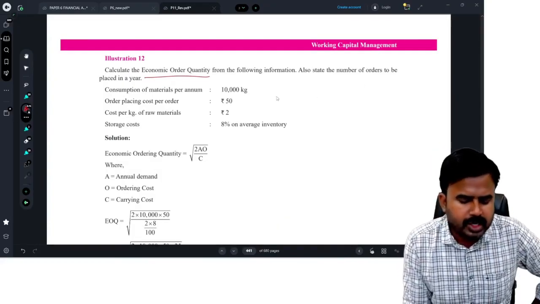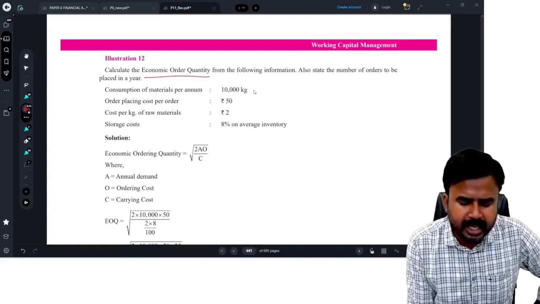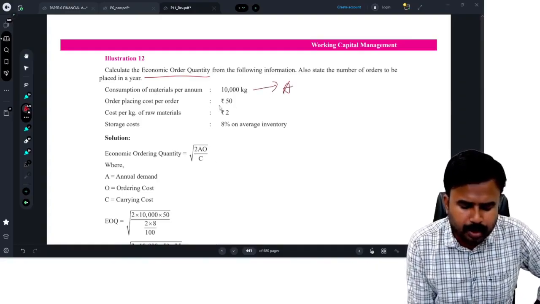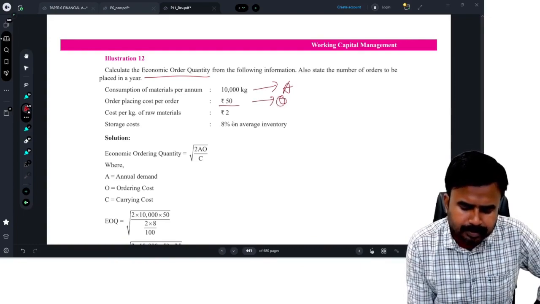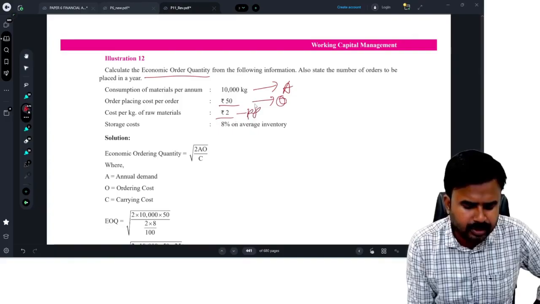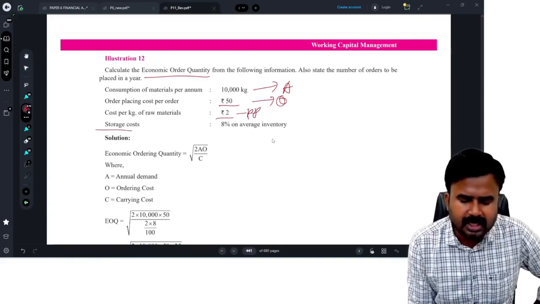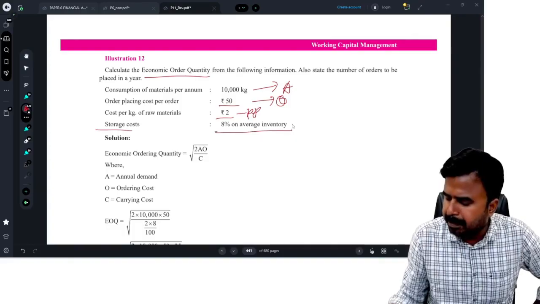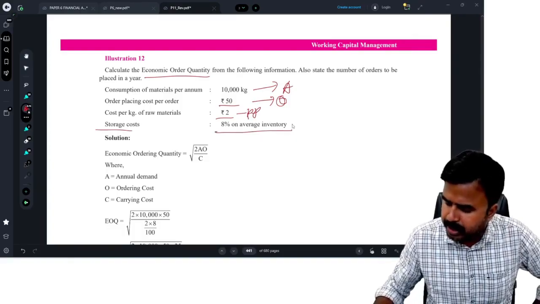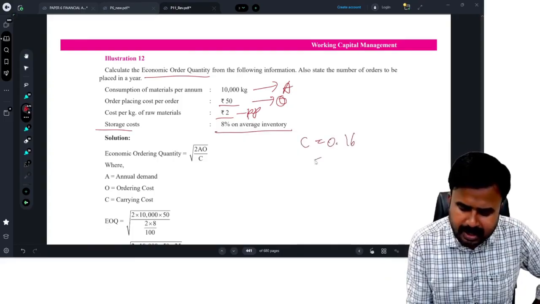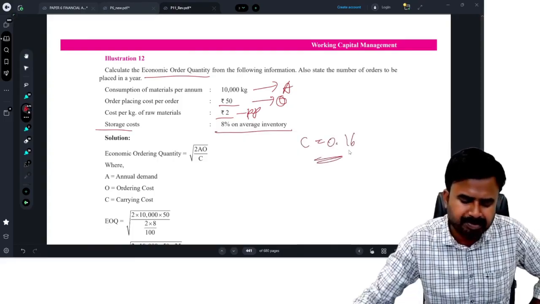Also state the number of orders to be placed in a year. Consumption of material per annum, this is A. Order placing cost per order, this is O. Cost per kg of raw material, this is the purchase price of the raw material. Storage cost is nothing but inventory carrying cost, 8% on average inventory. Apply 8% on your purchase price, 2 into 8%. I got C is equal to 0.16. That's my inventory carrying cost per unit per annum.